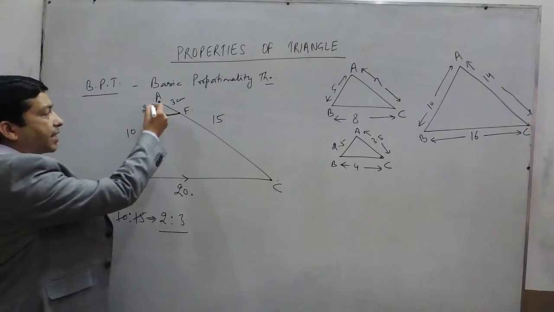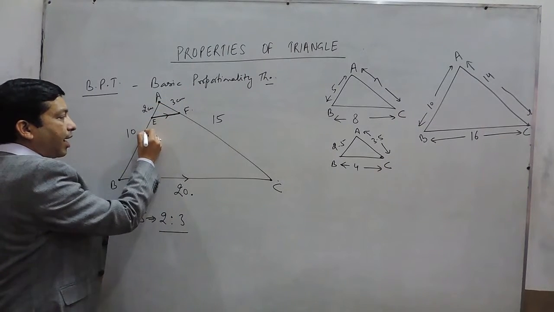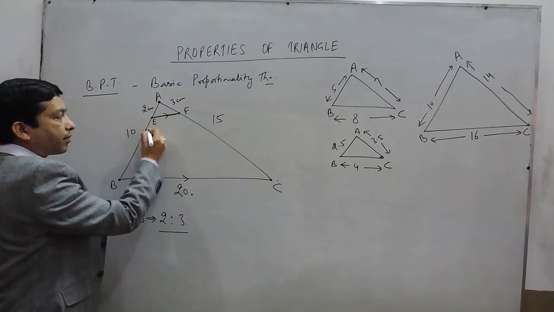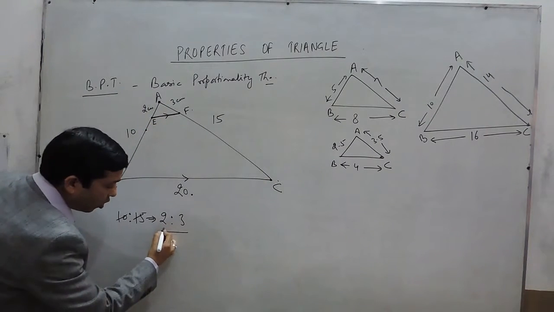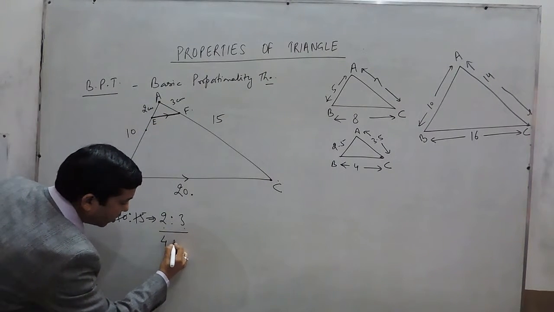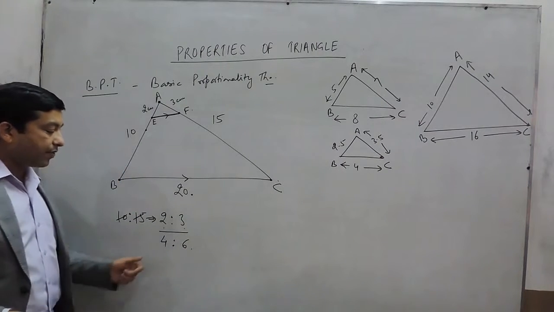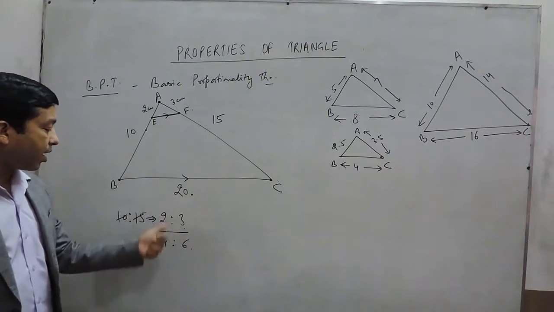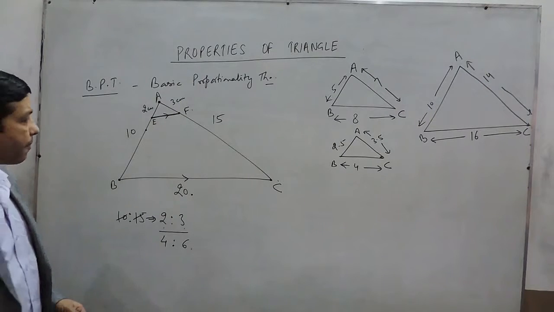In the same way, instead of 2, if we take a length of 4 centimeters, we know that 2:3 is also equal to 4:6, as a multiple of a ratio remains the same.